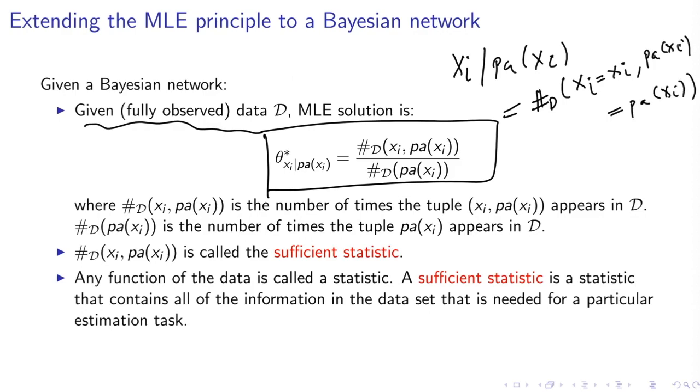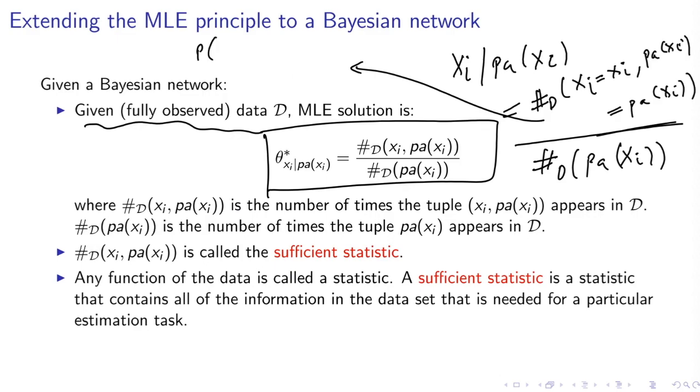So this is an assignment to the corresponding value for parents of xi, divided by the number of data points that have the corresponding assignment for parents of xi. Again, the numerator is proportional to the joint probability of xi comma parents of xi, and the denominator is proportional to the probability for the assignment to the parents of xi. Okay, so that's the maximum likelihood estimate. It's a very intuitive estimate.